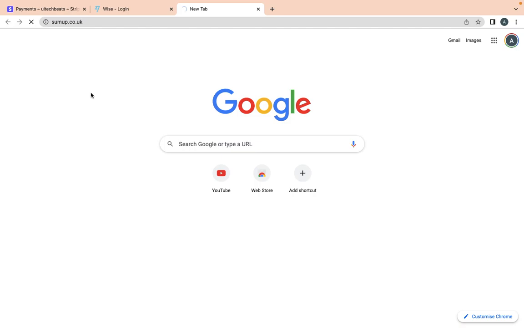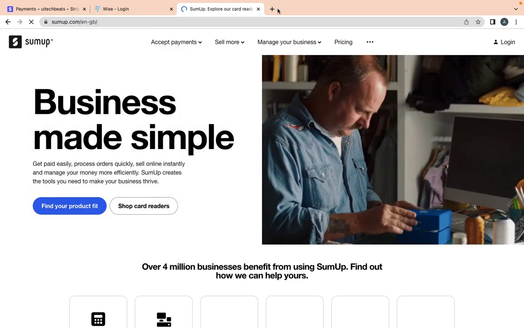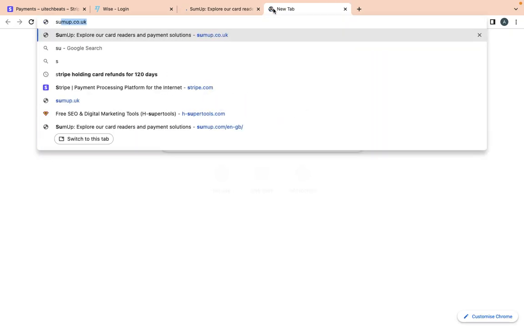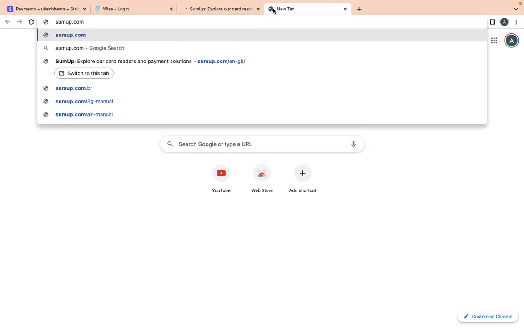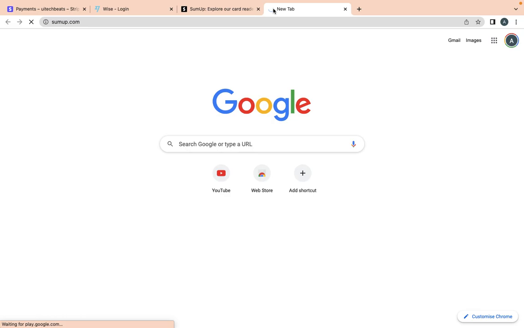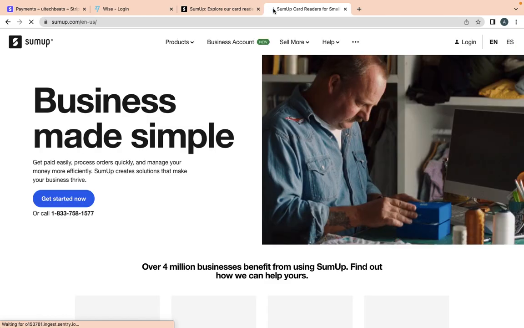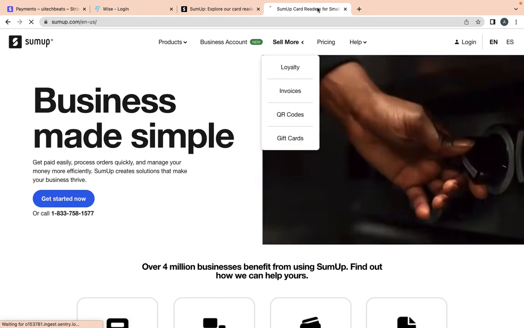You can register for SumUp. Then you can also tell someone living in the US to register on SumUp.com.